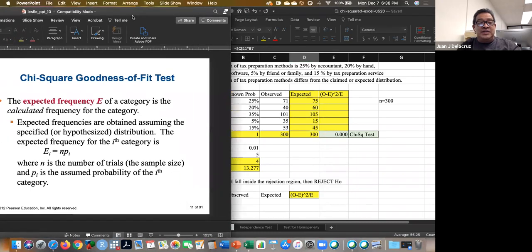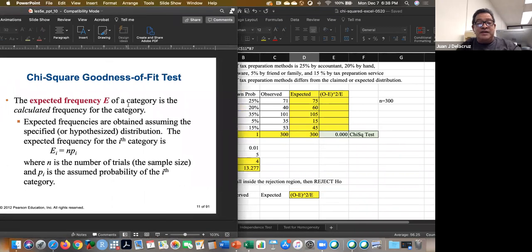So let me go back to this. The expected frequency of a category is the calculated frequency for the category. Doesn't say too much, but expected frequencies are obtained by assuming the specified or hypothesized distribution. So this is the hypothesized distribution.